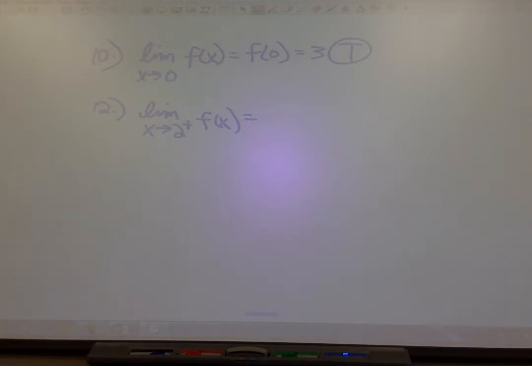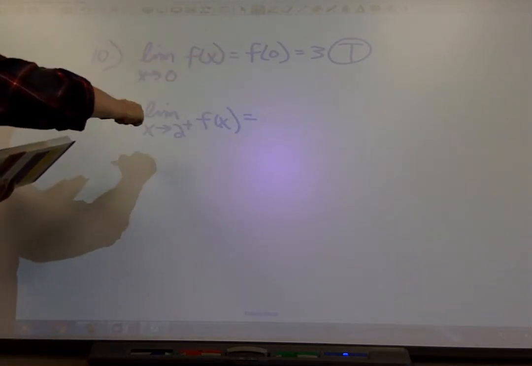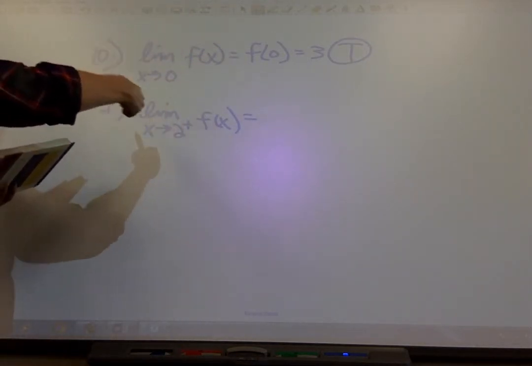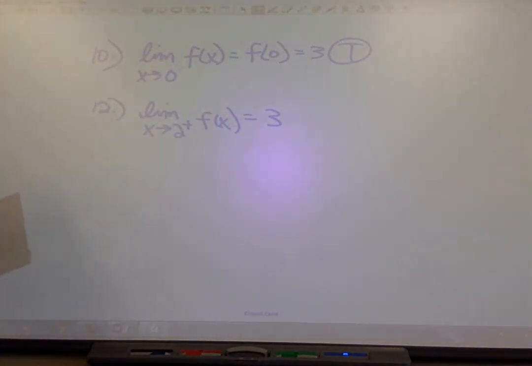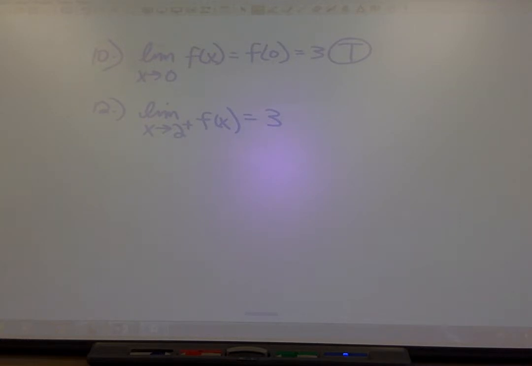And what does it approach? It approaches 3, the closed dot up at 3. So if you get closer and closer to 2 from the right, it goes up to 3, doesn't it? That closed dot. Very good.